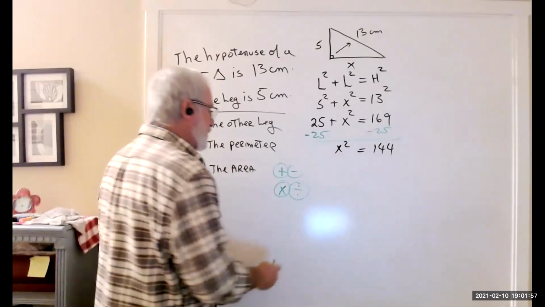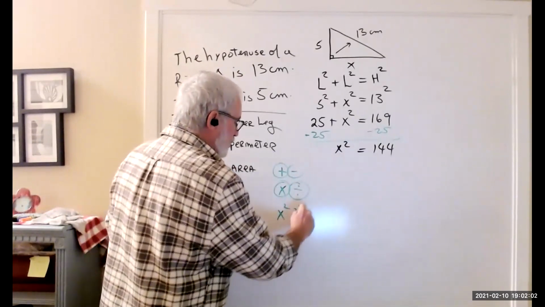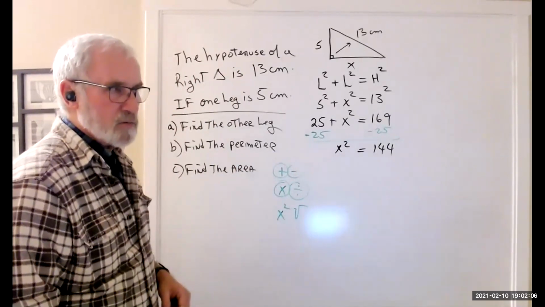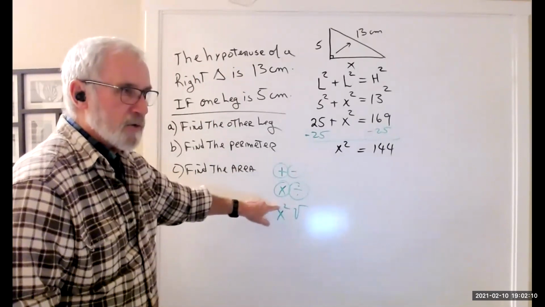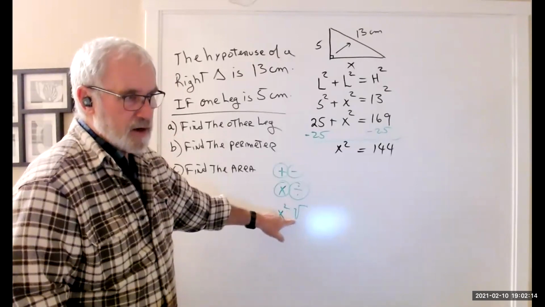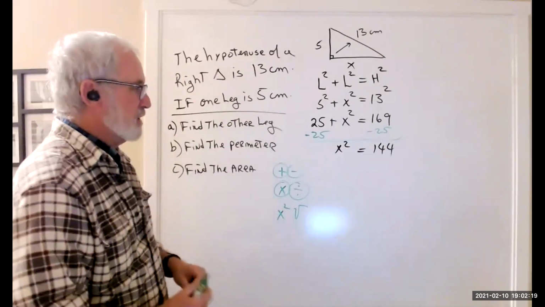Well, it turns out that squaring and square rooting cancel each other out. Squaring, the power of 2, and square rooting cancel each other out. There are many, many more, and we're going to study these a lot this semester.